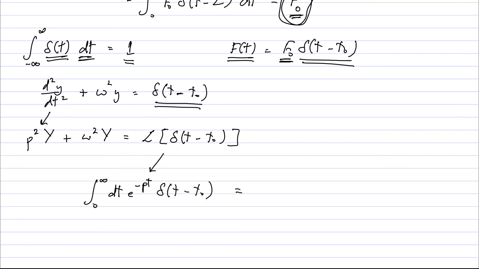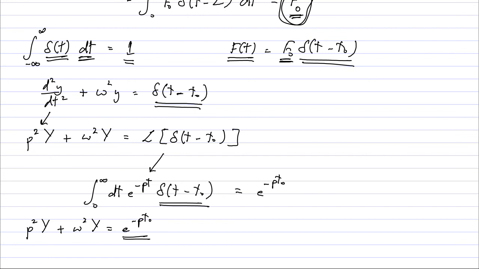The action of the delta function means that wherever you see t in the integral, you replace it with t naught. So this is simply e raised to minus p t naught. So you have p squared Y plus omega squared Y is equal to e raised to minus p t naught. So you see, this is a nice function to deal with.